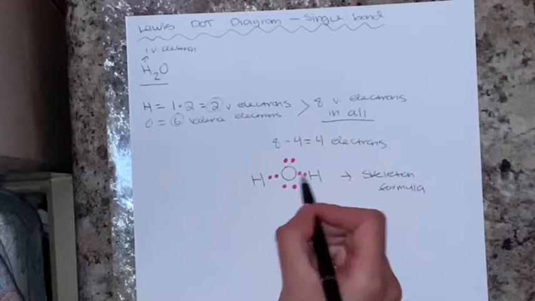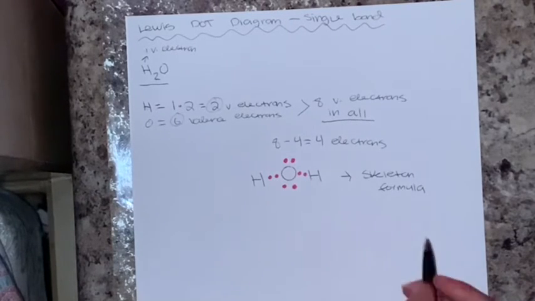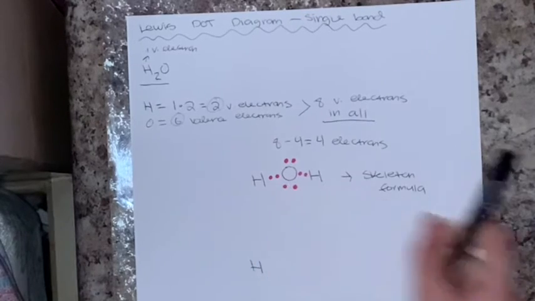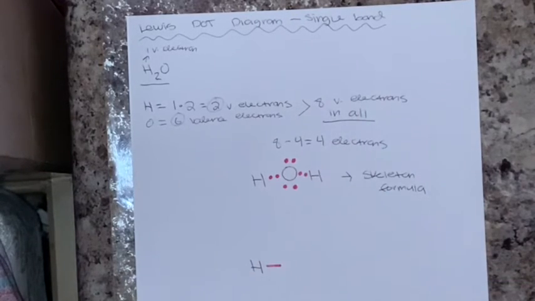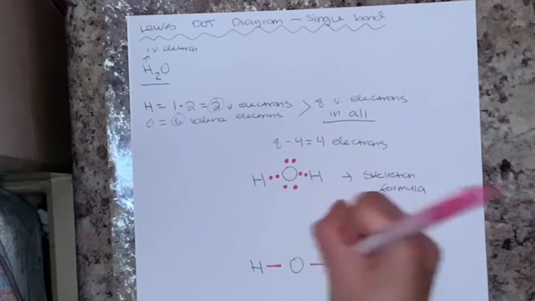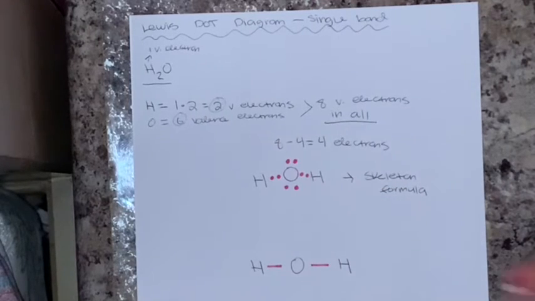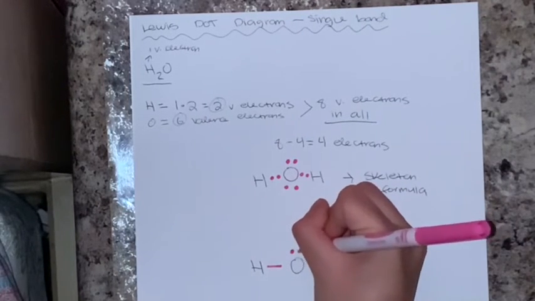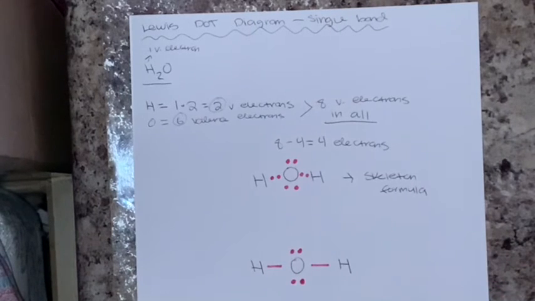And so now we're going to represent these bonding electrons with a dash, and we're going to do that in the structural formula. And so here we are basically just putting a dash between these elements because they are bonding, and we're just going to draw the non-bonding electrons as we have already on the top. And so that is the structural formula.